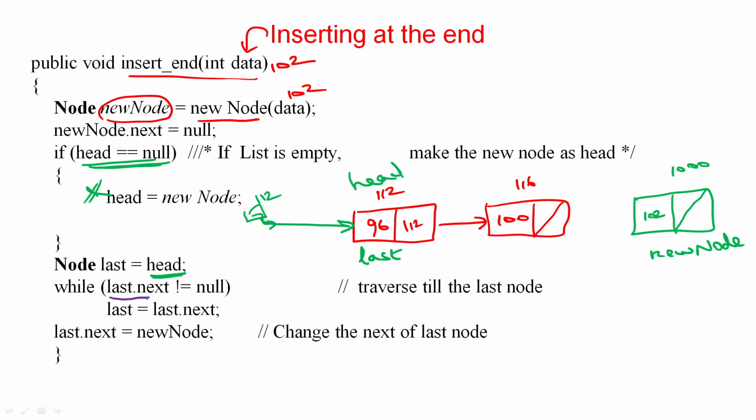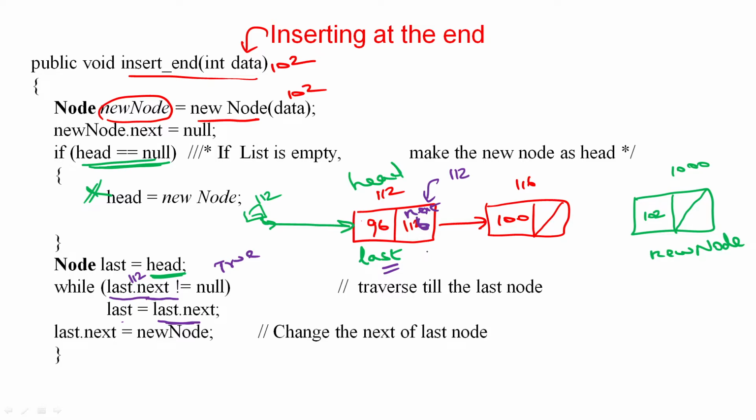Now we are checking last dot next. This is the next field, and the node name is last. Is last dot next not equal to null? Look here, this has 112. So last dot next is 112, and 112 is not equal to null. Yes, it is true. True means last dot next will become the last. What is last dot next? Sorry, it is 116.